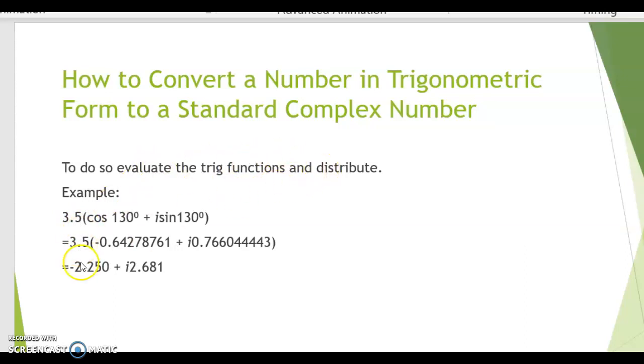Now distributing, taking the 3.5 on the outside of the parenthesis, multiplying it by both numbers inside the parenthesis, we get a final answer, holding on to 3 places behind the decimal and rounding to the thousandths place, of -2.250 plus I times 2.681.